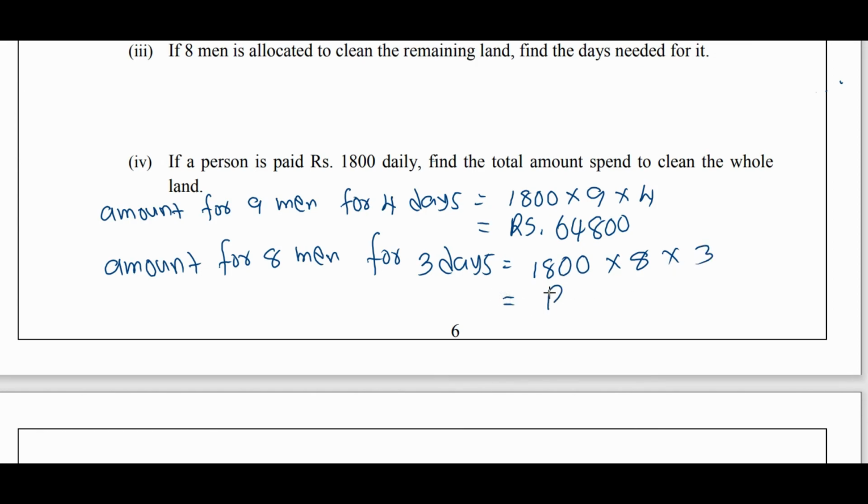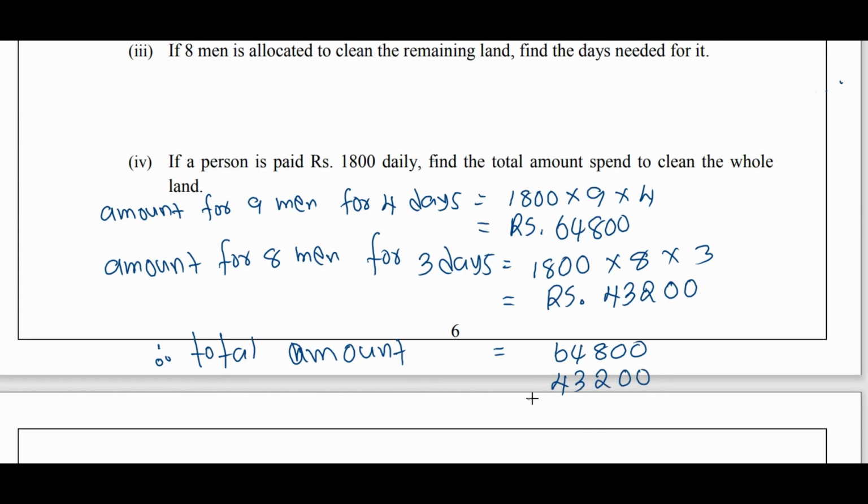This equals rupees 43,200. Therefore, the total amount is equal to 64,800 plus 43,200. This will be equal to 1,08,000.